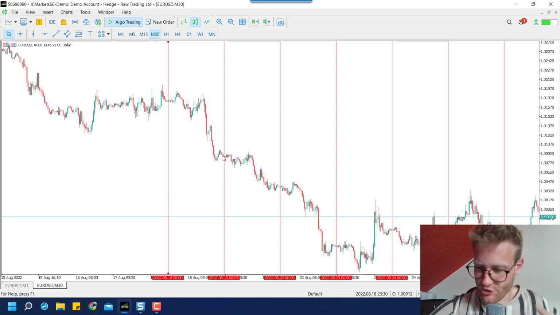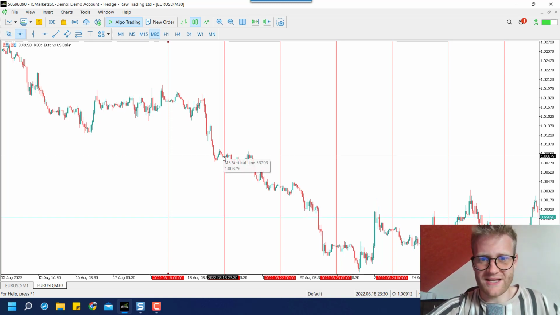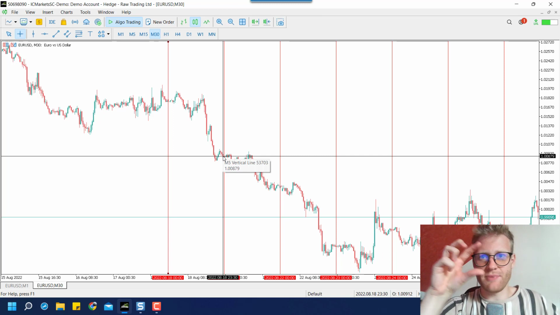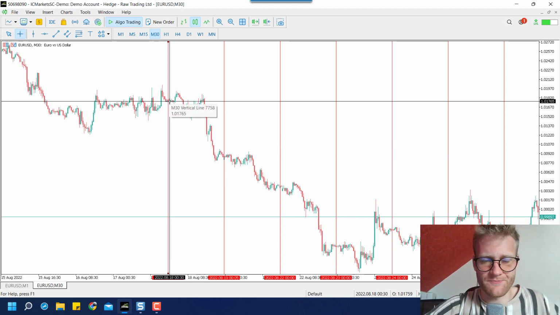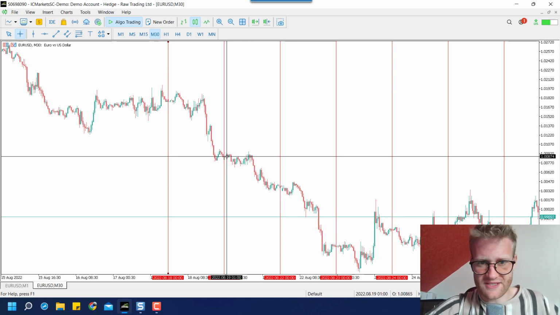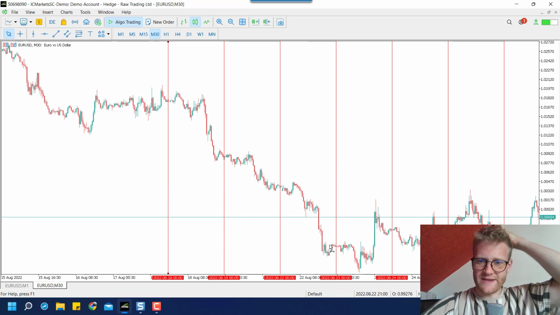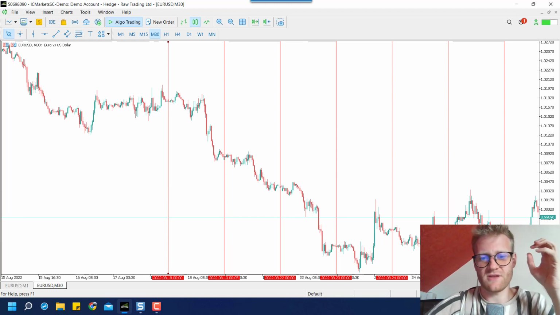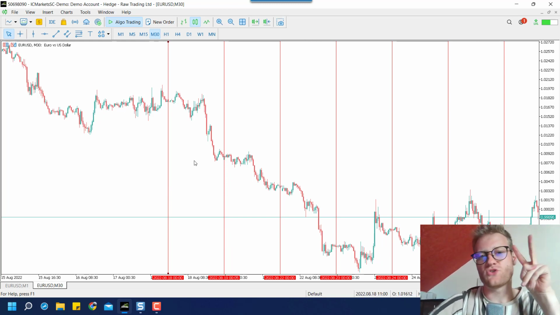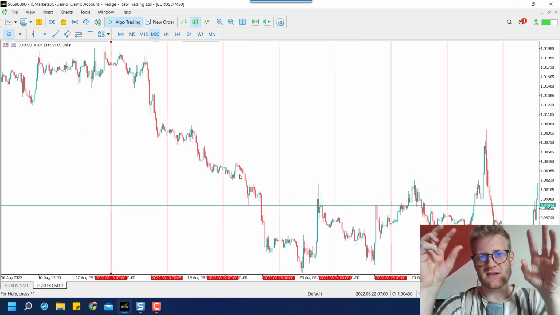I mean, Euro-US dollar does not really close. The market is always open pretty much, but we can see that the price at the end of the day is below the price at the start of the day, and there's a big difference. Same for this day and for the next day.